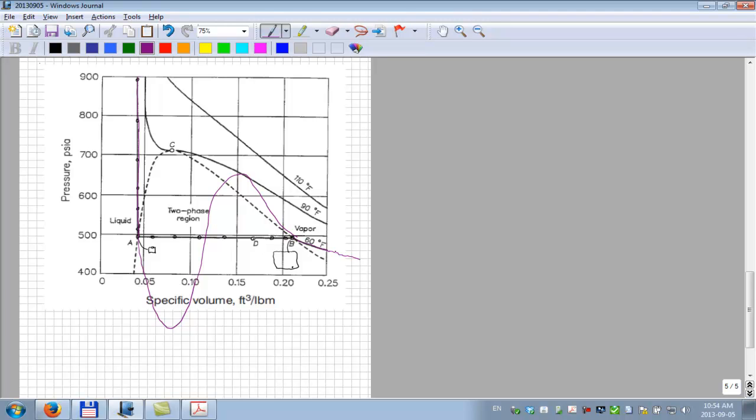Like that. Something like that. That's what the cubic equation is going to look like, because that's how cubic equations look. They call this the van der Waals loop.